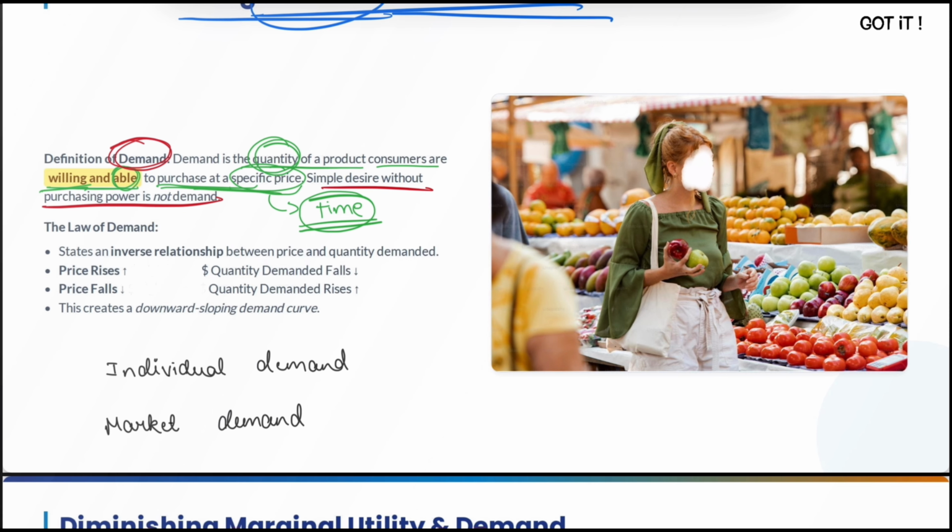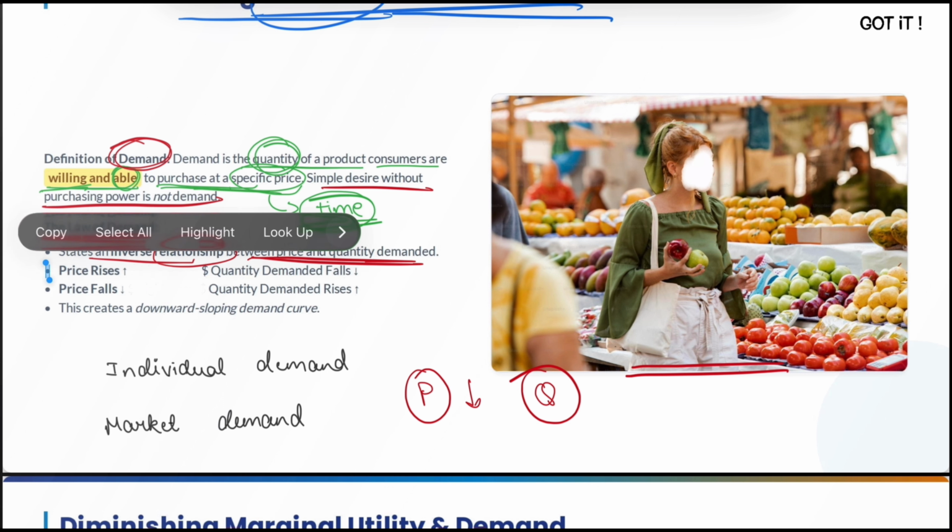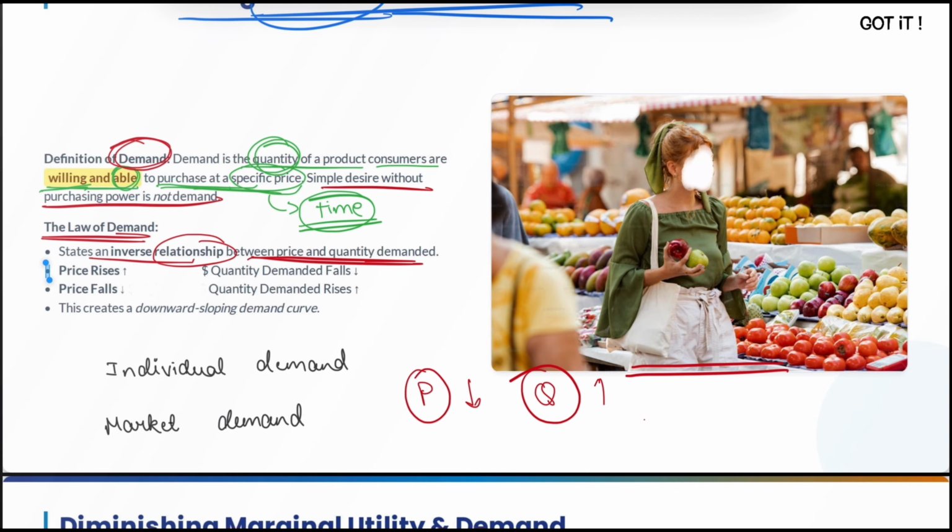Coming to the law of demand: it is an inverse relationship between the price and the quantity demanded. For example, if you go to buy vegetables in the market and their price is low, you prefer to buy more quantity.